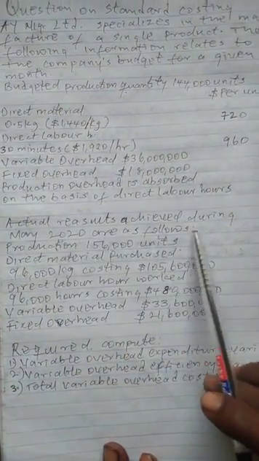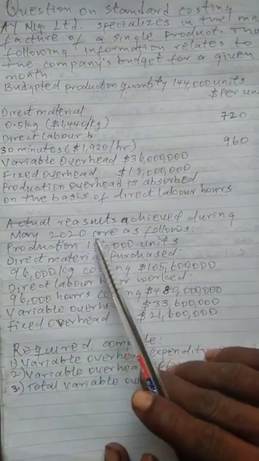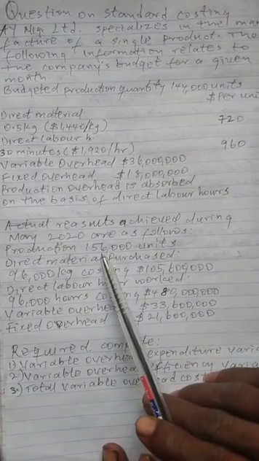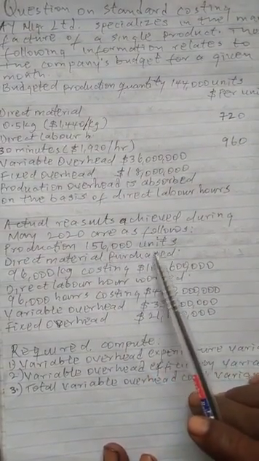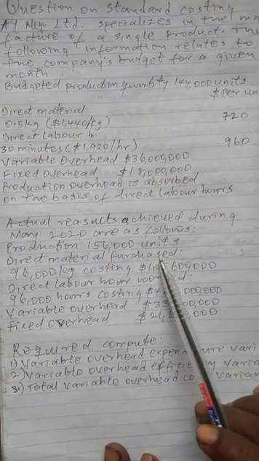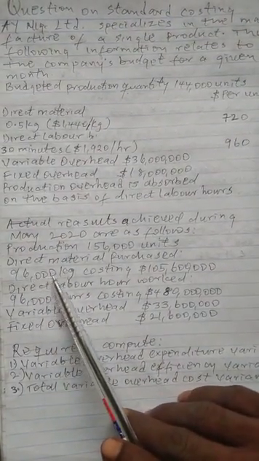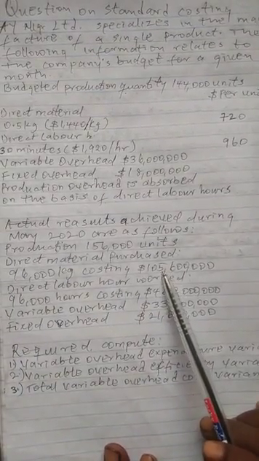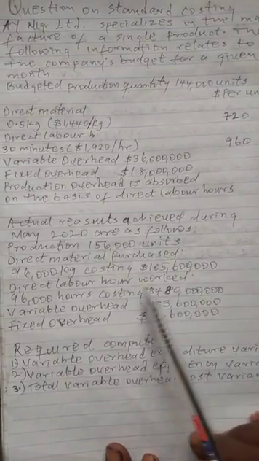Actual results achieved during May 2020 are as follows. Production: 156,000 units. Direct material purchased: 96,000 kg, costing 105,600,000.